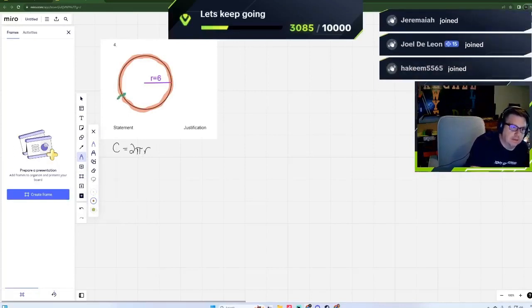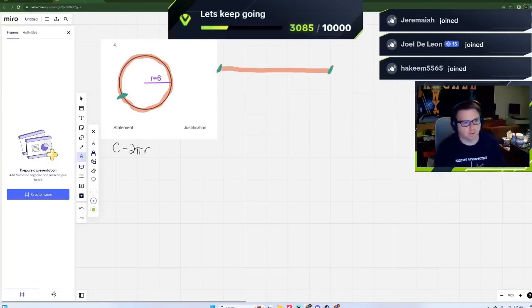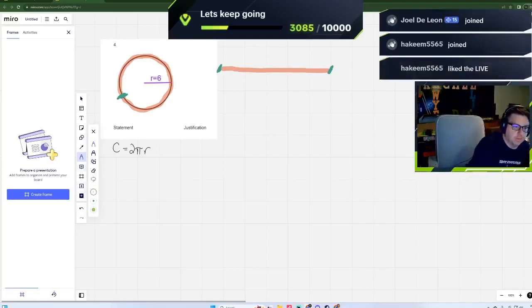We are going to take right here, chop it up, and then straighten it out. So we're going to have that straight line starting here and ending there and wrapping it around our circle. Okay, so that's what's happening in these problems. So we have C equals 2 pi r.